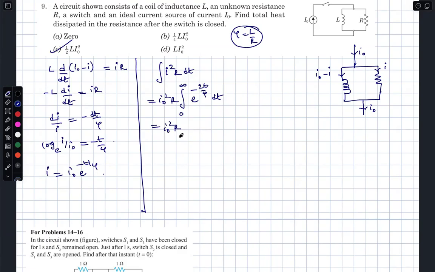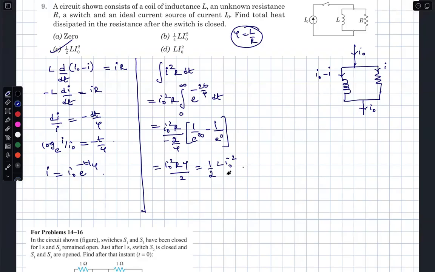I naught square R by minus 2 by tau. When I substitute limits, I will get 1 by e power infinite minus 1 by e power 0. This can be written as I naught square R tau by 2. R into tau is L, half L I naught square.